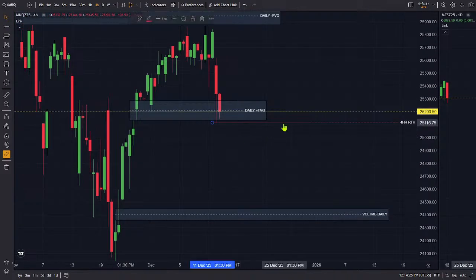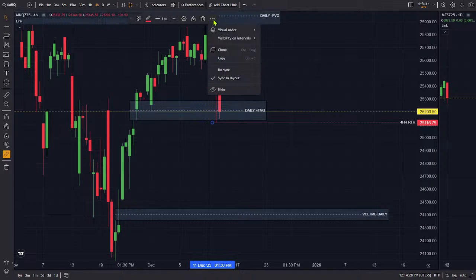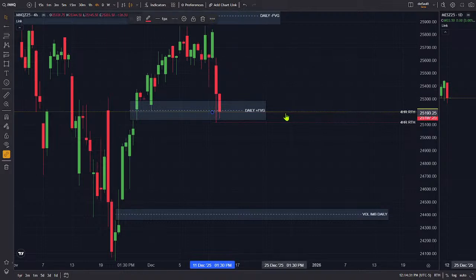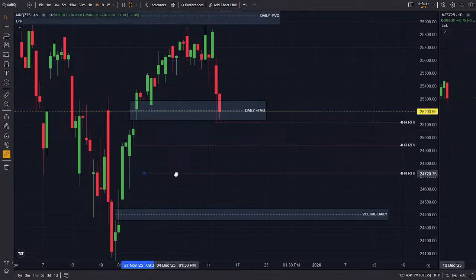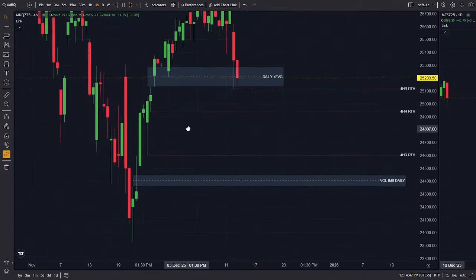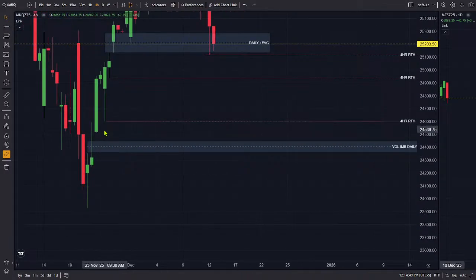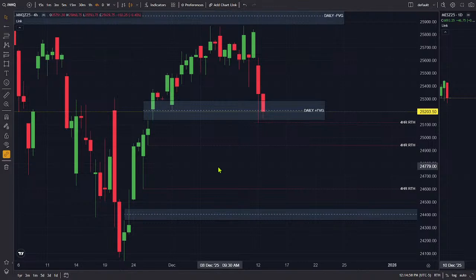So there's a 4 hour low that could be targeted. We can mark a couple more. We don't need to go crazy, but we can mark a couple more here. This one right here is interesting to me. And look at, that's a gap up and a daily volume imbalance. That's interesting to me. Don't know if we'll get there, but it's interesting. Because this is actually a daily fair value gap right here that has been respected.